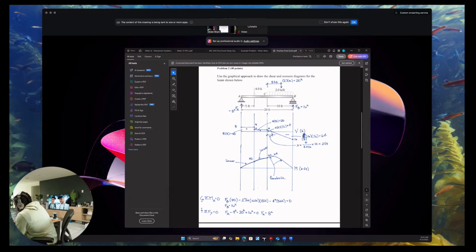So this would be about 60. So we have a dot here at 60, and then once we get to 60, that changes. At 10 feet, the moment rises to 60. Okay, pause. All right, I think I'm starting to understand a little bit.